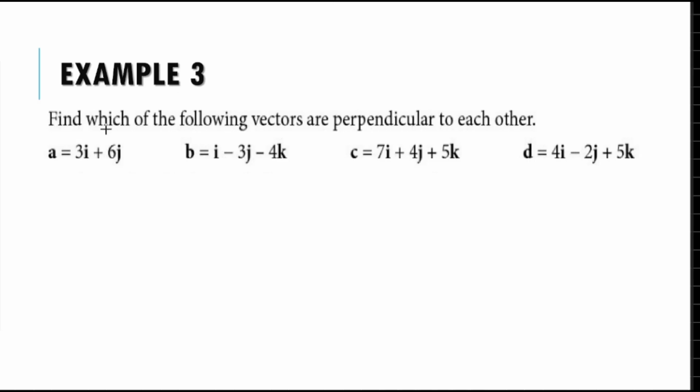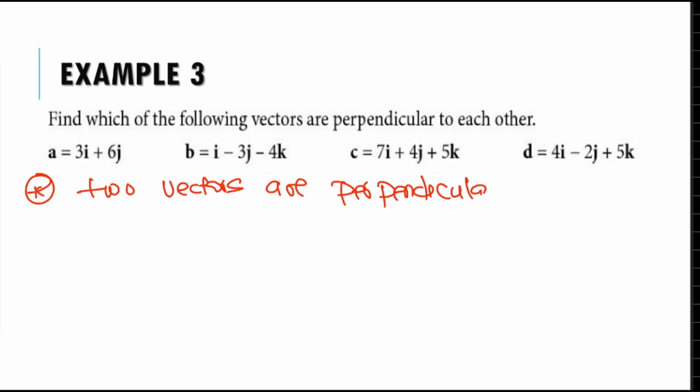Example 3. Find which of the following vectors are perpendicular to each other. If two vectors are perpendicular, their dot product equals 0. Remember, two vectors are perpendicular if A dot B equals 0.